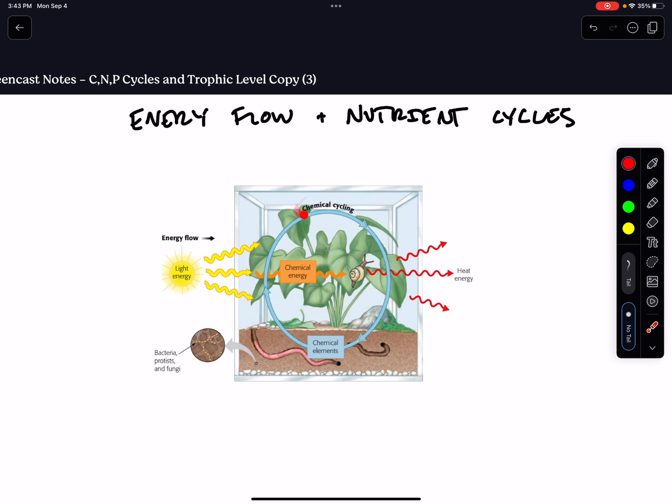However, this is in contrast to nutrients, which are fixed and move from producers to consumers and decomposers.